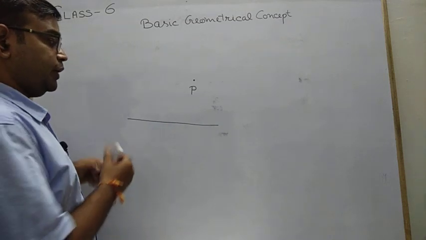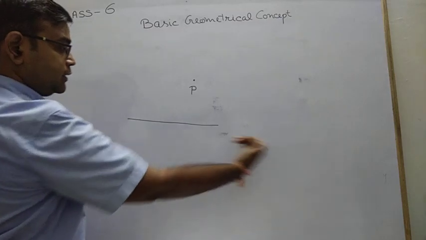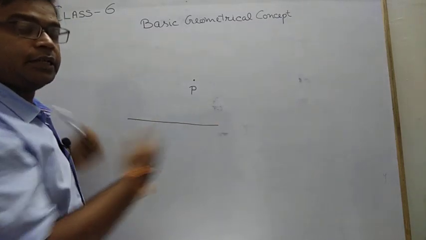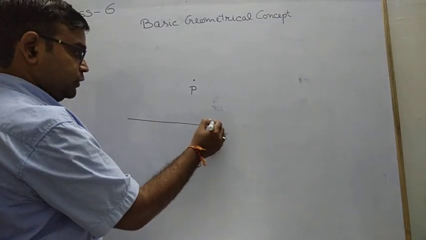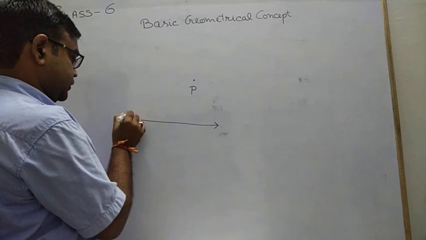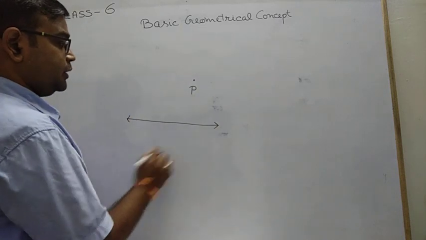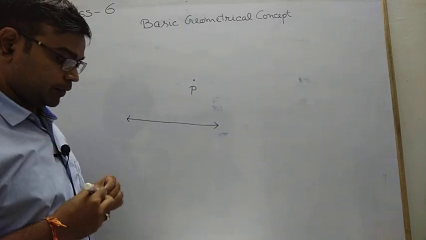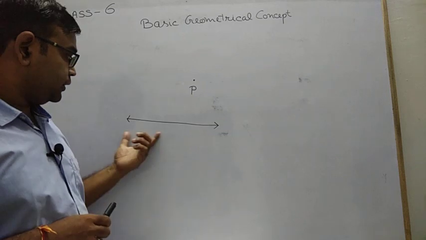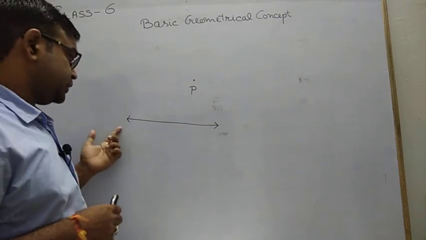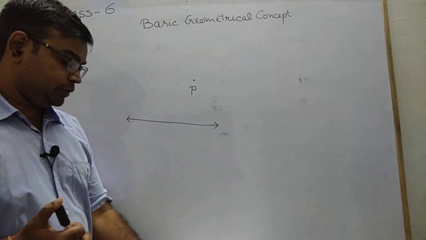It is indefinite. It can extend to either side, so for this we use this symbol, which represents a line. It means that a line has no end point.